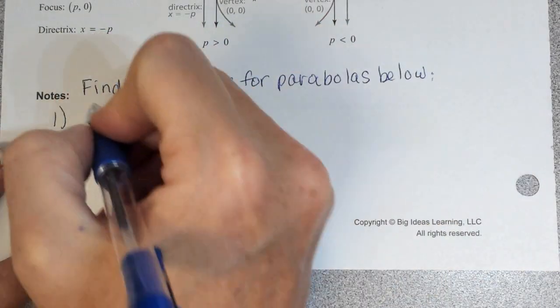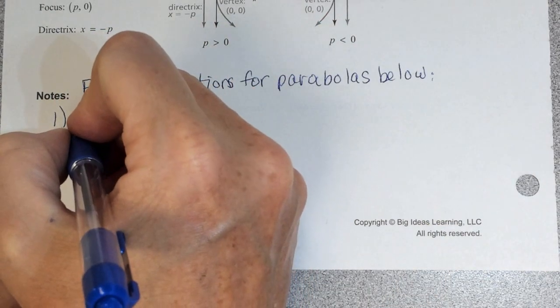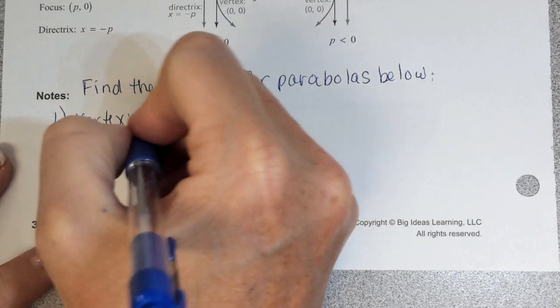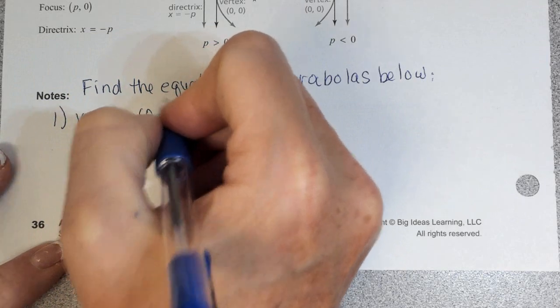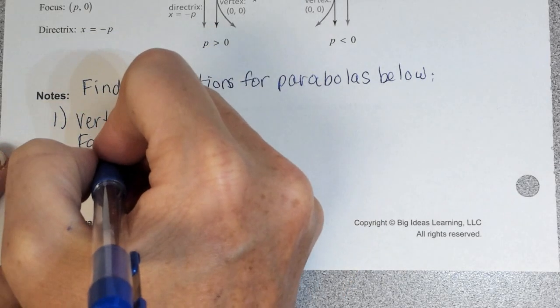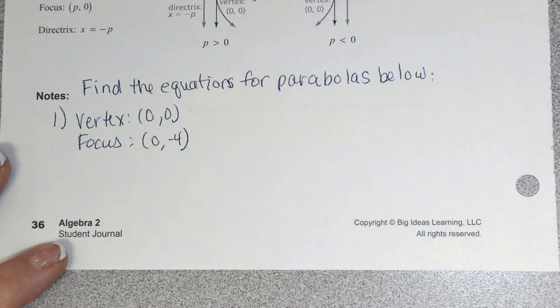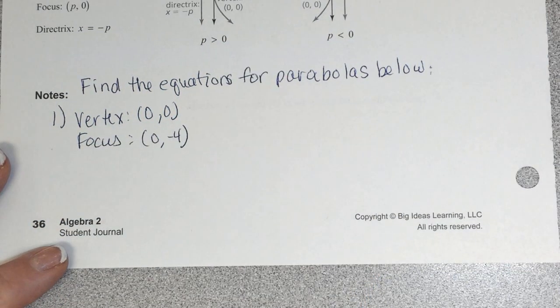All right, so our first one, I'm going to give you some hints about it. We're going to say that the vertex is at 0, 0, and the focus is at 0, negative 4. And we want to come up with an equation.